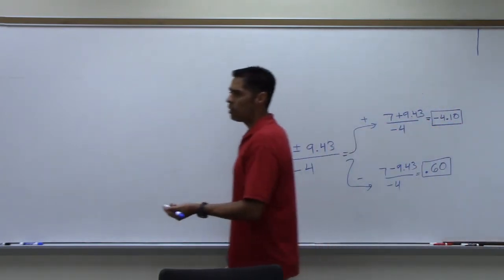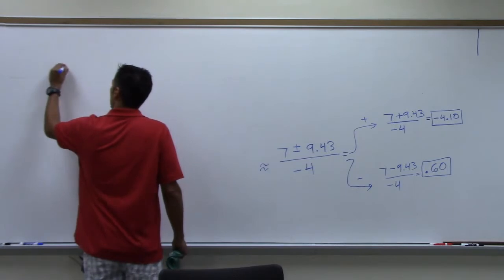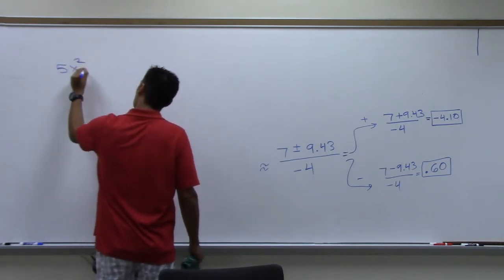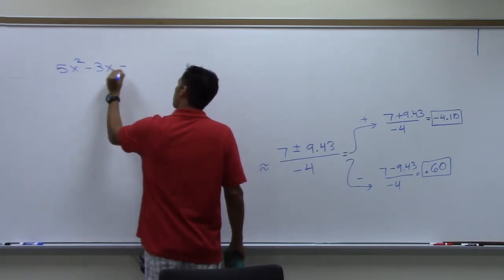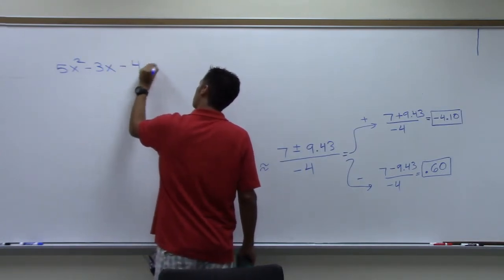I do want to do one more: 5x squared minus 3x minus 4 equals 0.